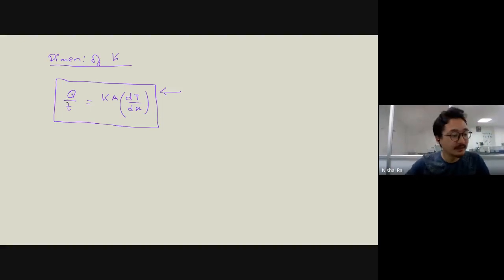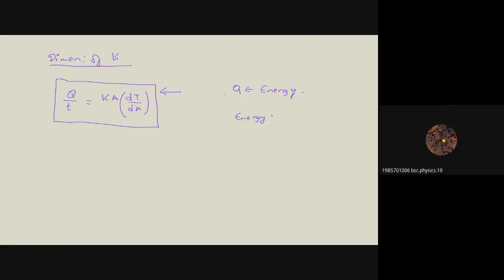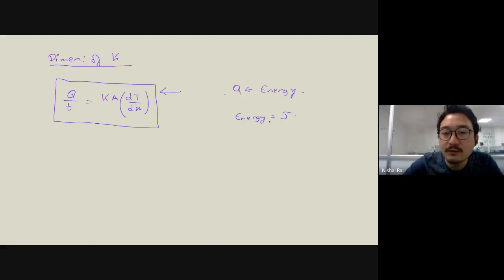Let's do the dimensional analysis. Q has a dimension of what? Q is basically energy. Now energy can be written as joule. Joule is basically force into displacement.